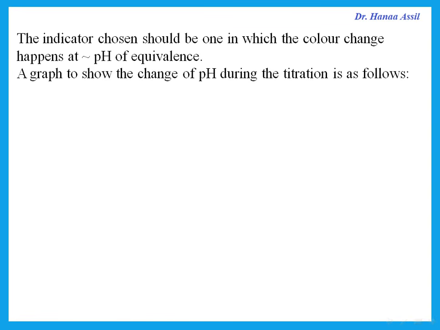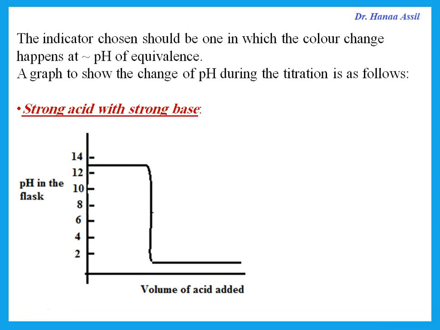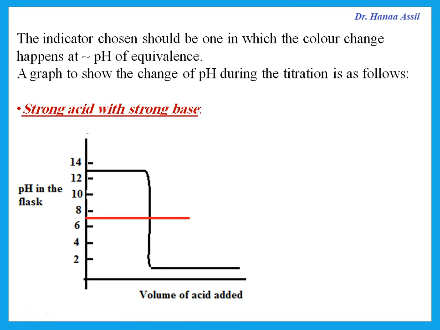So let's take a look. If I'm titrating a strong acid with a strong base, we said we start at very high pH, and then at the neutral point or at equivalence point, the solution is neutralized, and then any more acid that is added causes the pH to be very low. Where is my equivalence point here? It's about pH 7.